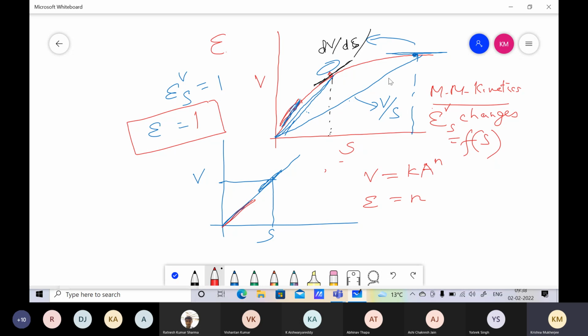The fluctuation and the percentage change in fluctuation depends on the steady state value. I will tell you later on why that is important. The fluctuation here will have an E value of 1. The fluctuation here will have an E value of close to 0, बहुत छोटा होगा, much less than 1. Okay, is this clear? Yes, sir.